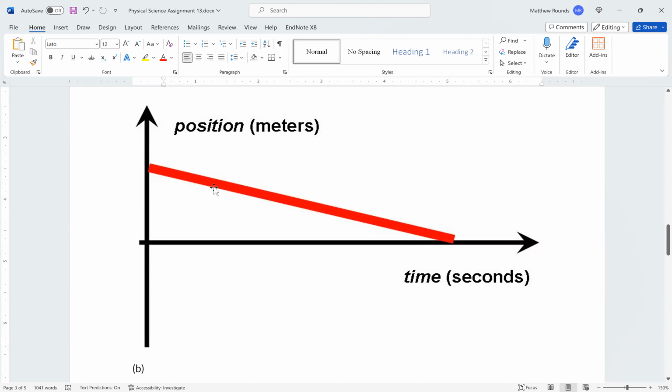Now, what do you notice about the slope of this graph? The slope is actually constant here, which means that you're not running. You're not stopping anywhere. You're just walking straight back to your house.